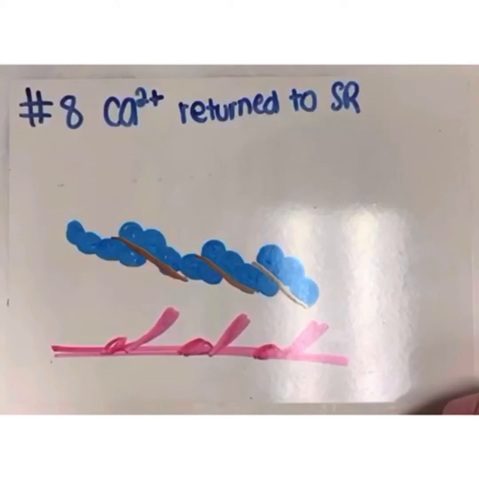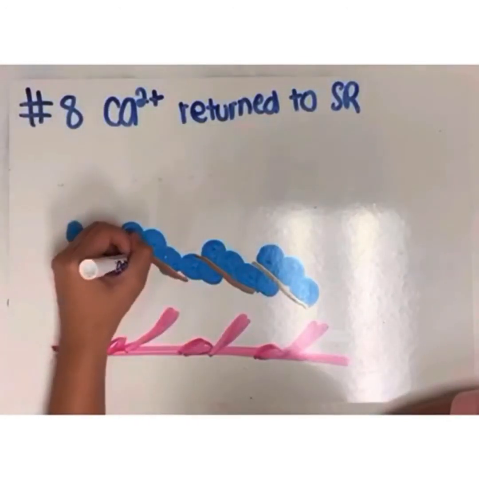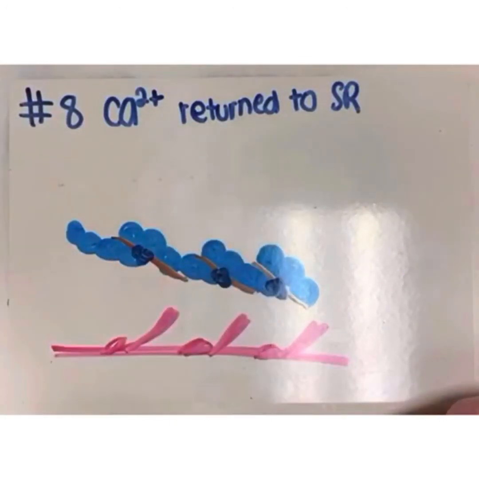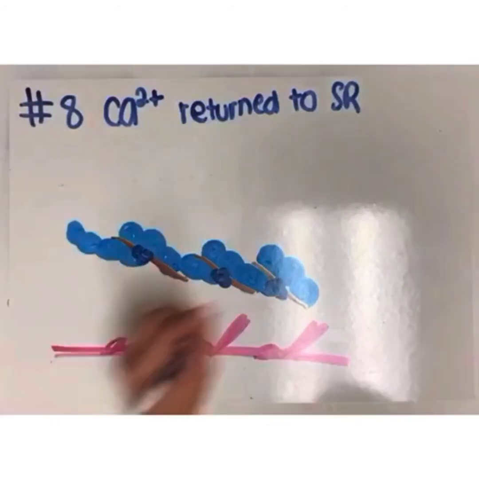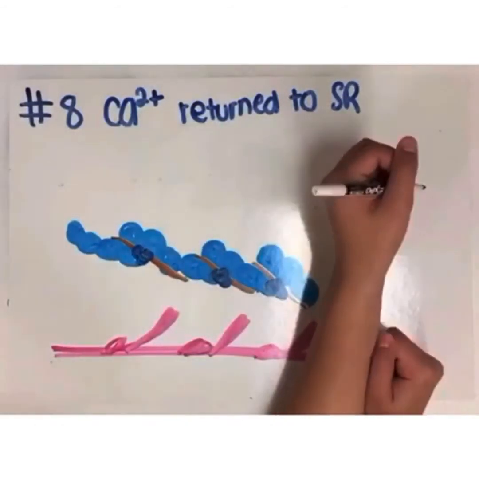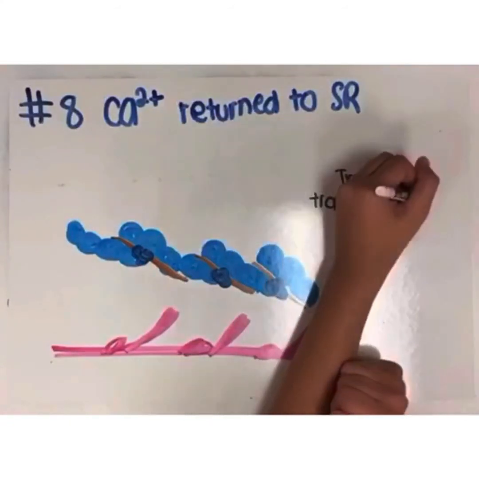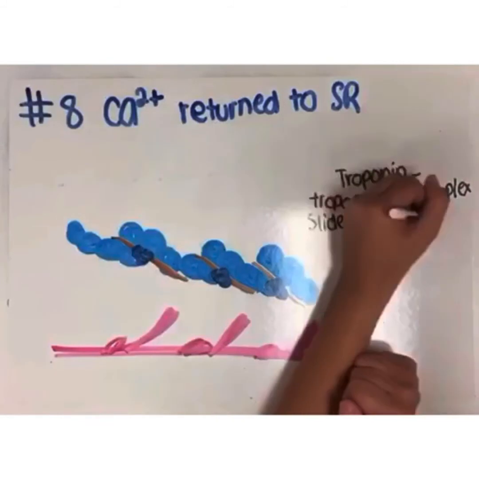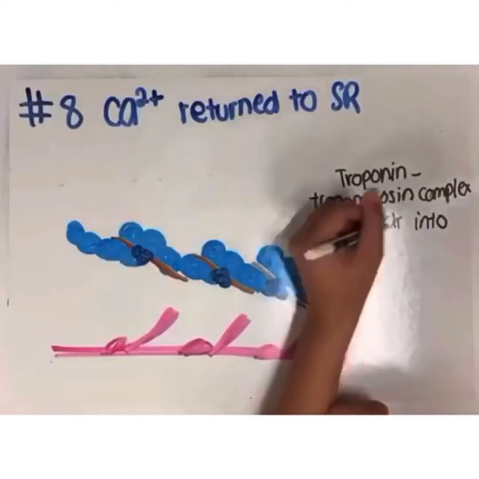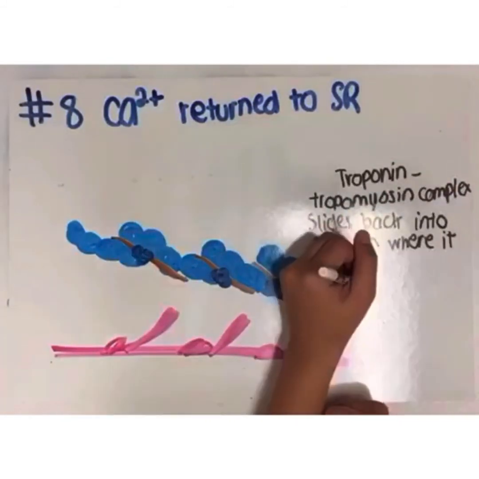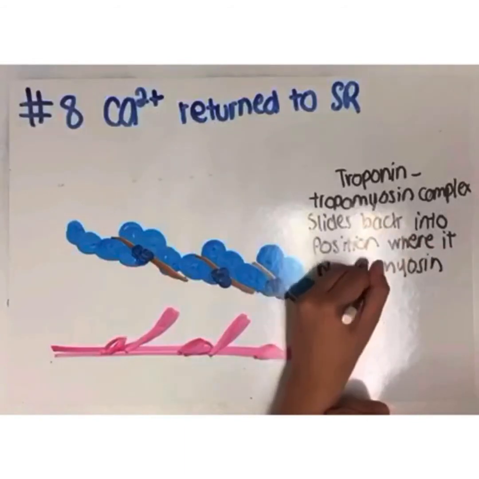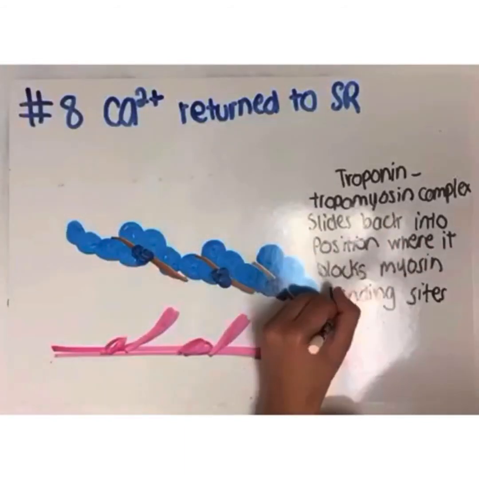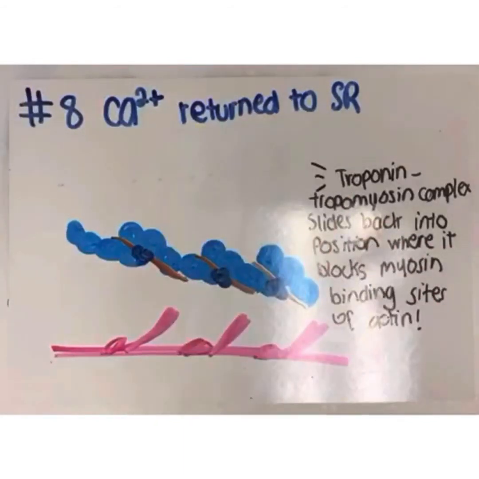Here you can see the myosin, that are the blue dots, and the cross bridge and how it's separated, as I said in the step before. The troponin-tropomyosin complex slides back into position where it blocks myosin binding sites on actin.